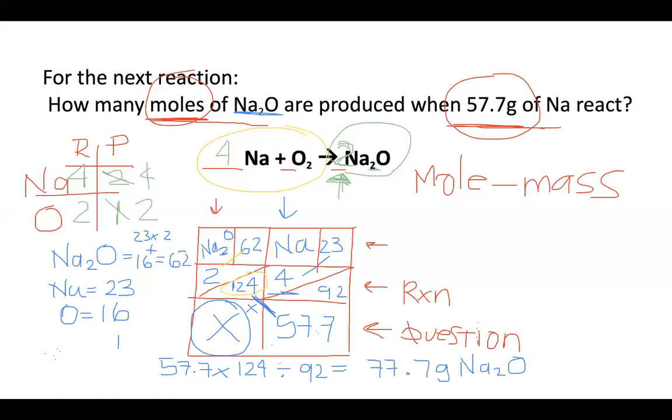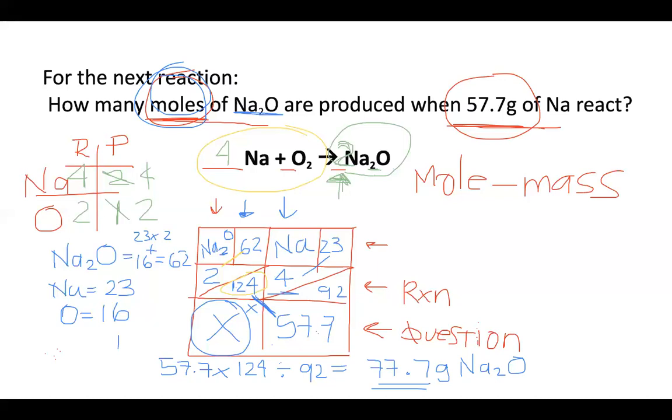But they are not asking us for grams. They are asking us for moles. Here at the top it says how many moles of sodium oxide. So what I have to do now is change this 77.7 grams to moles. The way to do it is to divide this number by the molar mass of sodium oxide, which is 62, and I will get the answer.